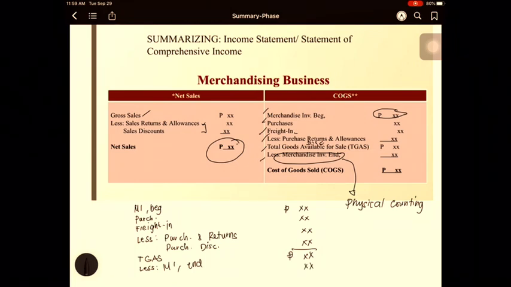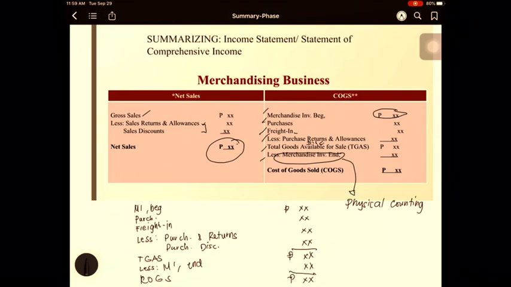So minus that merchandise inventory, then we will be able to compute now for your cost of goods sold. I should say you have to memorize this particular formula in computing for the cost of goods sold, because this is very important, especially if the business applies the periodic inventory method in its accounting process.